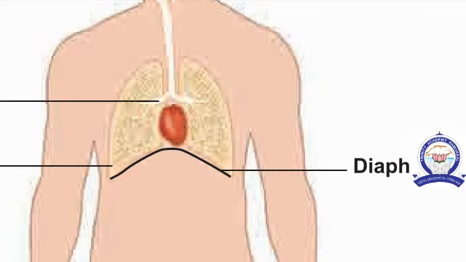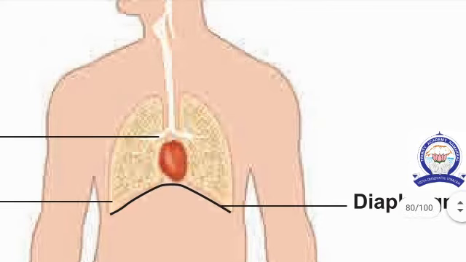The pleura is a protective layer of the lungs. The trachea is commonly called the windpipe. The windpipe is attached to the right and left bronchus. The right and left bronchus are connected to the lungs.